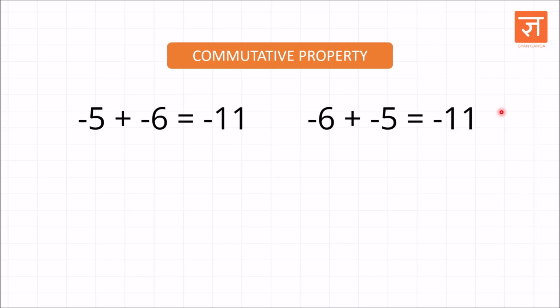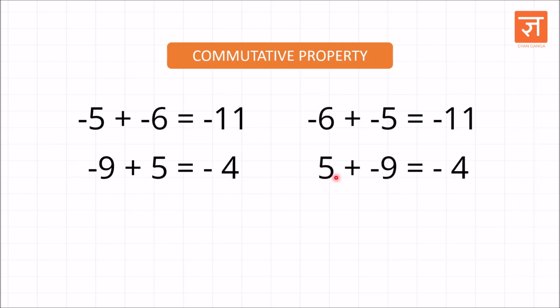We have minus 9 plus 4. Answer is minus 5. 4 plus minus 9, again the answer is minus 5. However we add A to B or B plus A, it's always going to be the same. A plus B is equal to B plus A. That is, integers are commutative for addition.